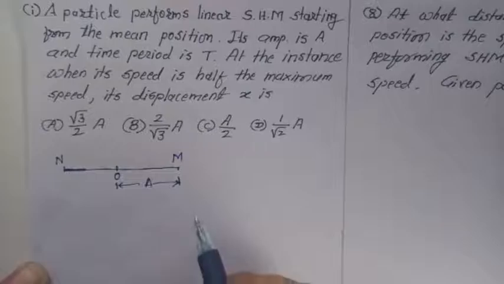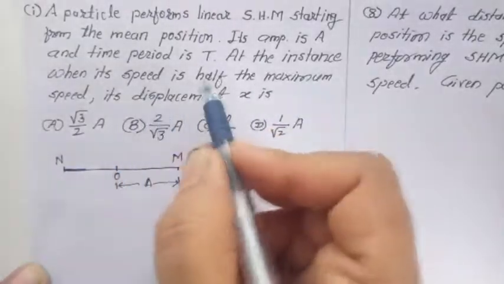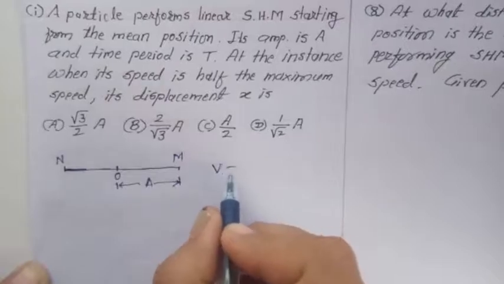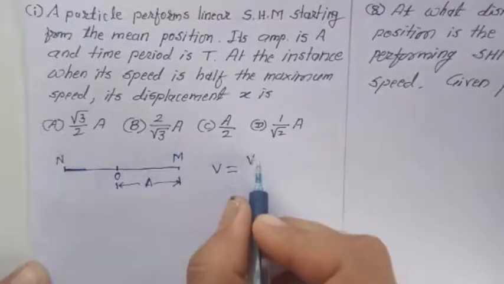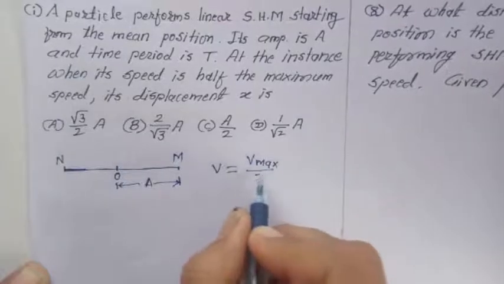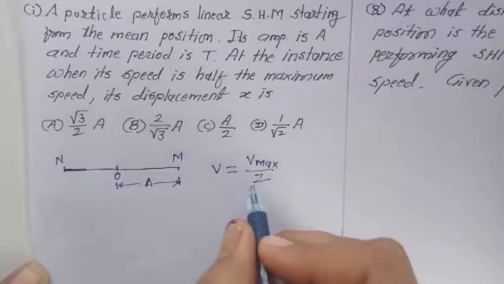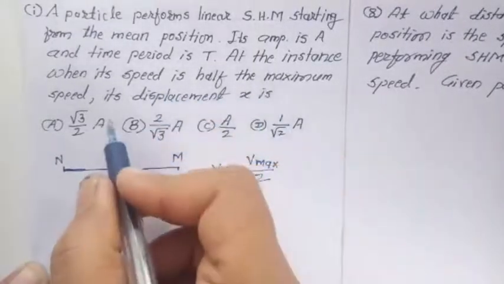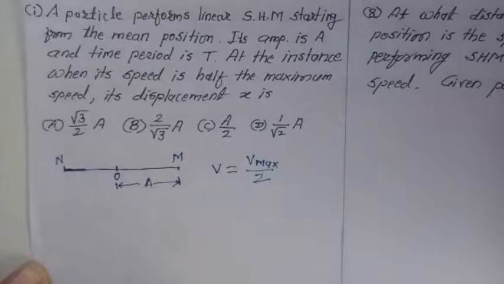And you have to find that at the instance when its speed is half the maximum speed, means the speed of the given particle is half of its maximum speed, Vmax by 2, at that instance, you have to find its distance.